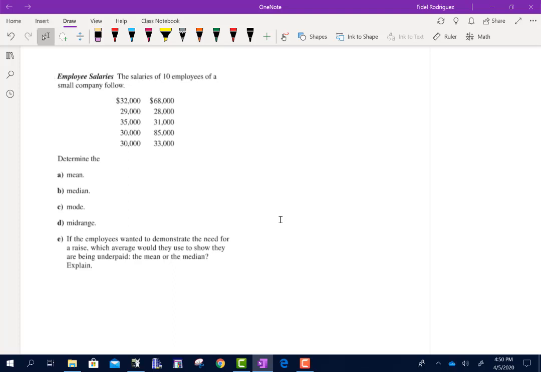So this problem here is almost like the one we just did before. Now we have the salaries of 10 employees, and we want to find mean, median, mode, mid-range, okay? So, guys, just like we did before, I'm going to write my numbers in thousands. I'm going to write them again from smallest to biggest. So the smallest looks like 28, 29. We have two 30s.